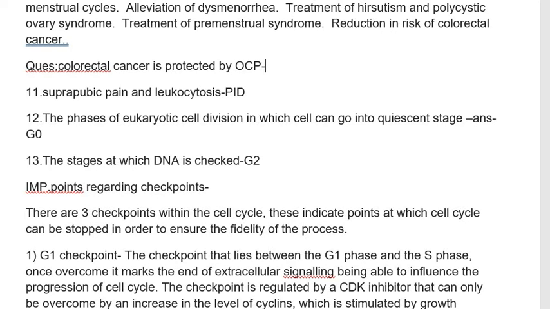So if you go to Allison's book, the literature says a different thing, but this book says that it is going to cause a reduction in the risk of colorectal cancer by 15 to 20%. So we will stick to this answer, that yeah, the COCPs decrease the risk of colorectal cancer by 15 to 20%.